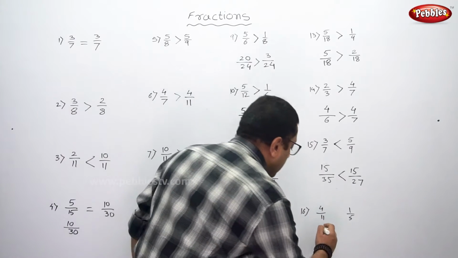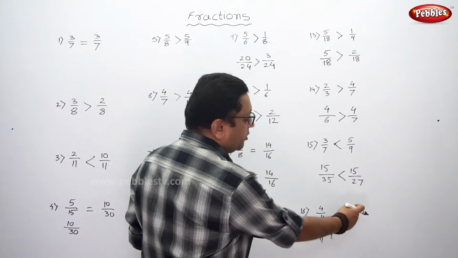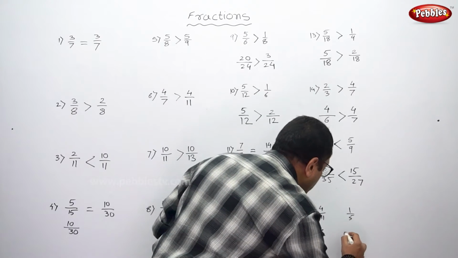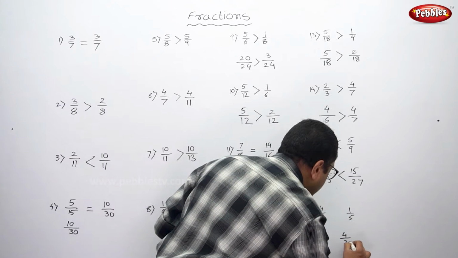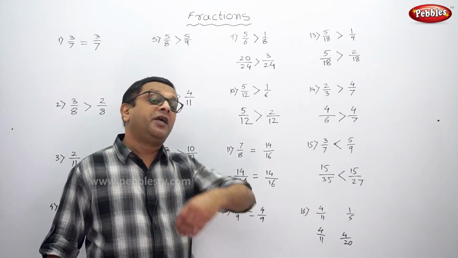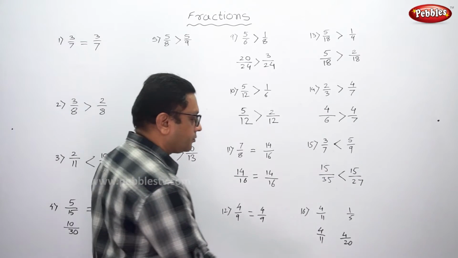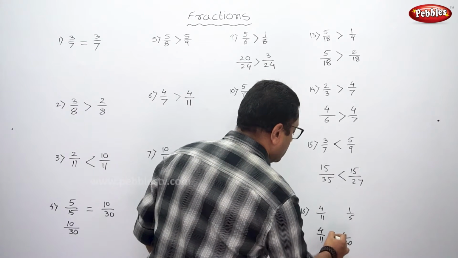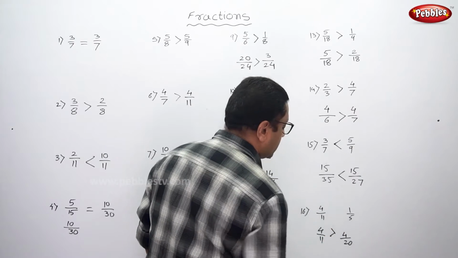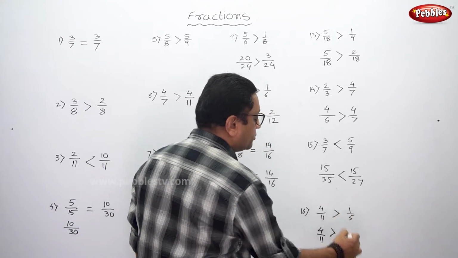So I got 4 by 11, and here I will multiply both sides by 4, so 4 by 20. When the numerator is the same, the bigger the denominator, the smaller the number. So I will have this sign. This number is small because the denominator is big.